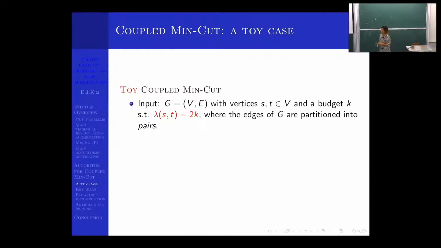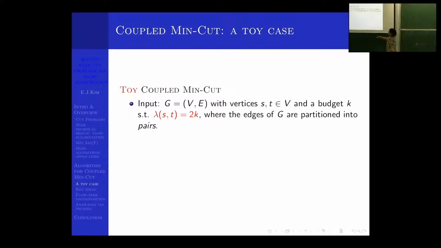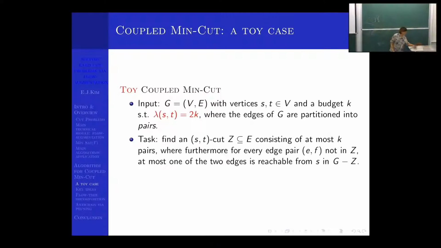Okay. Let's see if I can convey some of this in a very simple case in the next 10 minutes. So here is the toy case of the coupled min cut problem, where our budget is K, and the min cardinality cut size is known to be exactly 2K. This means that we can only use pairs to cut S and T. Maybe I should remind you of the problem.